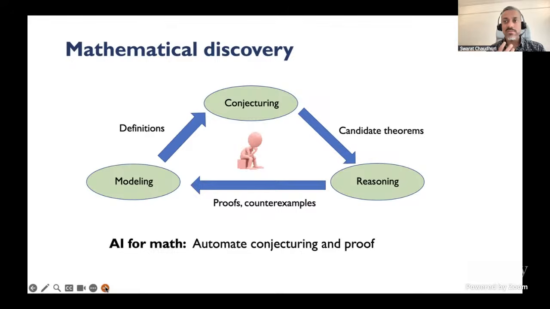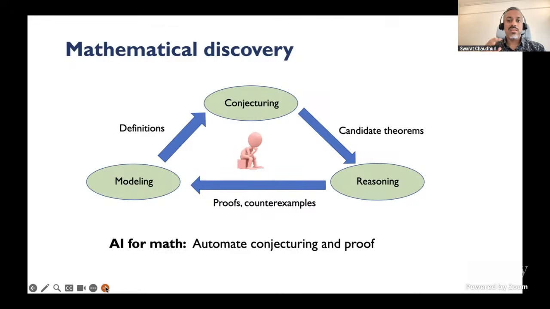There is first the process of modeling, where you are getting inspired by some real world phenomenon and then modeling it in terms of a variety of definitions and concepts. Once you have a set of definitions, you may want to conjecture various properties of these definitions, and these are potentially candidate theorems and lemmas.